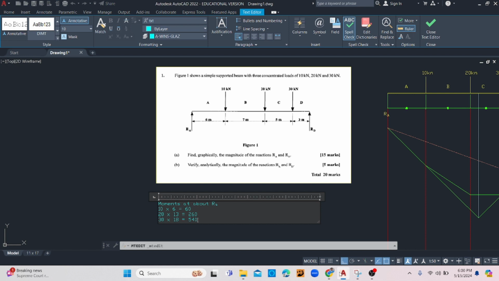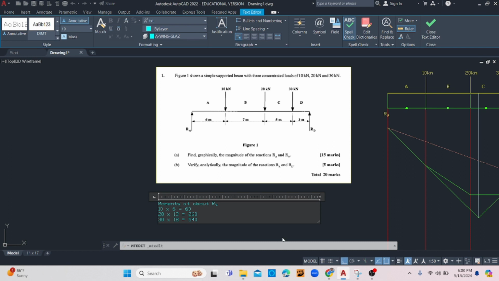From this point, we're going to be totaling the products of all of these. So we have the 540 plus the 260 plus the 60. How much are we getting?